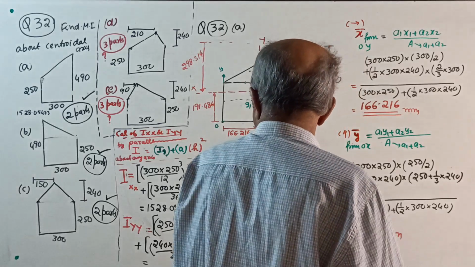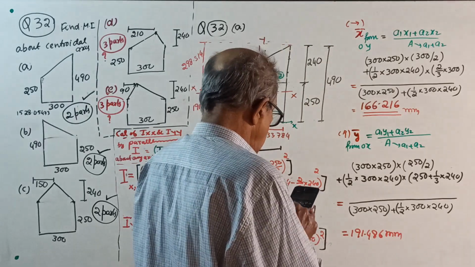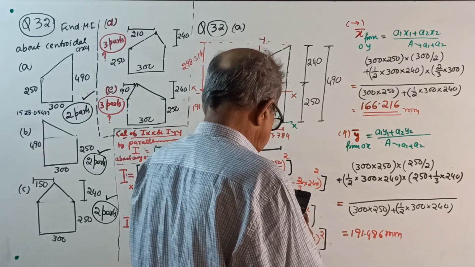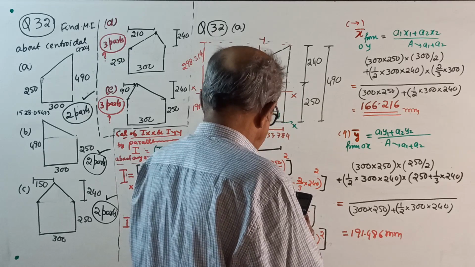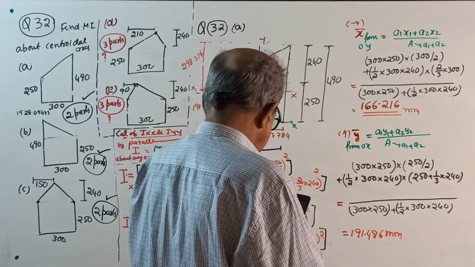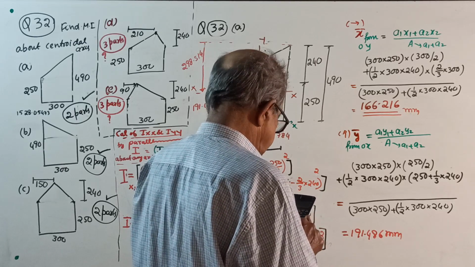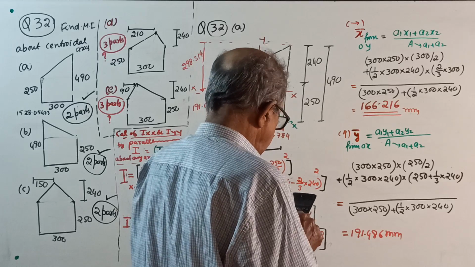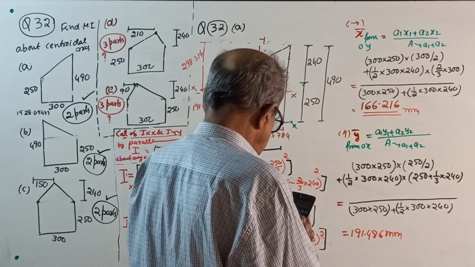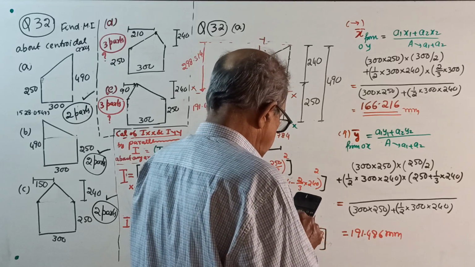Otherwise, why should I write the answer? 250 into 300 cube divided by 12, plus 250 into 300 into bracket 166.216 minus 150 close square, plus 240 into 300 cube divided by 36, plus half into 240 into 300 into bracket 133.784 minus 100 close square.